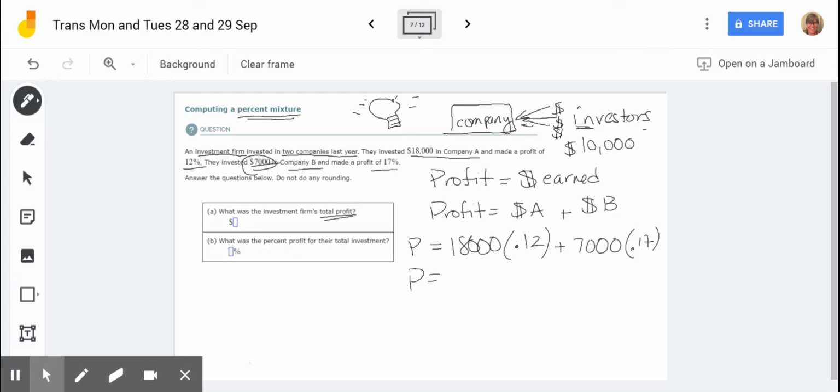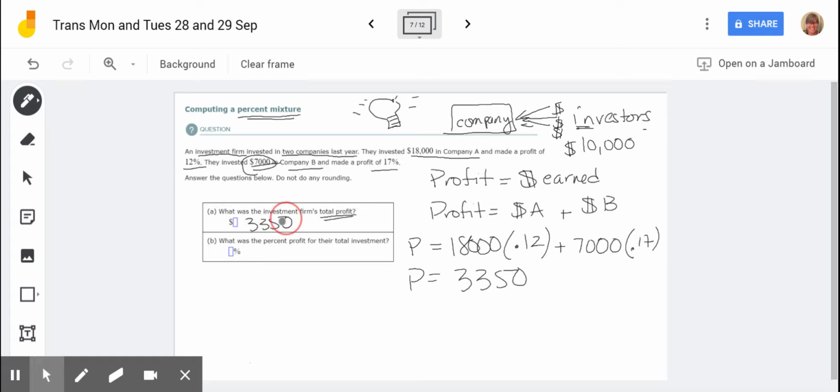And what is it? Look, 3,350. That's what they made. Okay, that is the profit. 3,350. I think that's what it was, right? Okay, here we go. Okay, so that's the answer to this one.